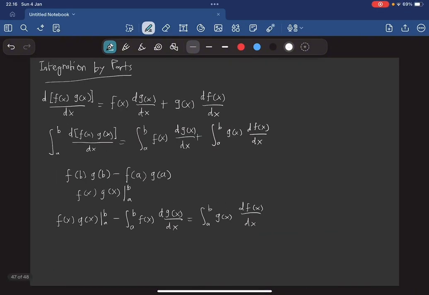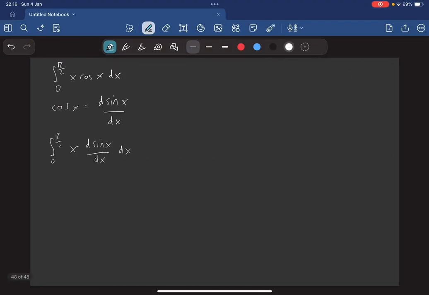This equation tells us that this integral is equal to x sin x minus the integral of sin x dx.